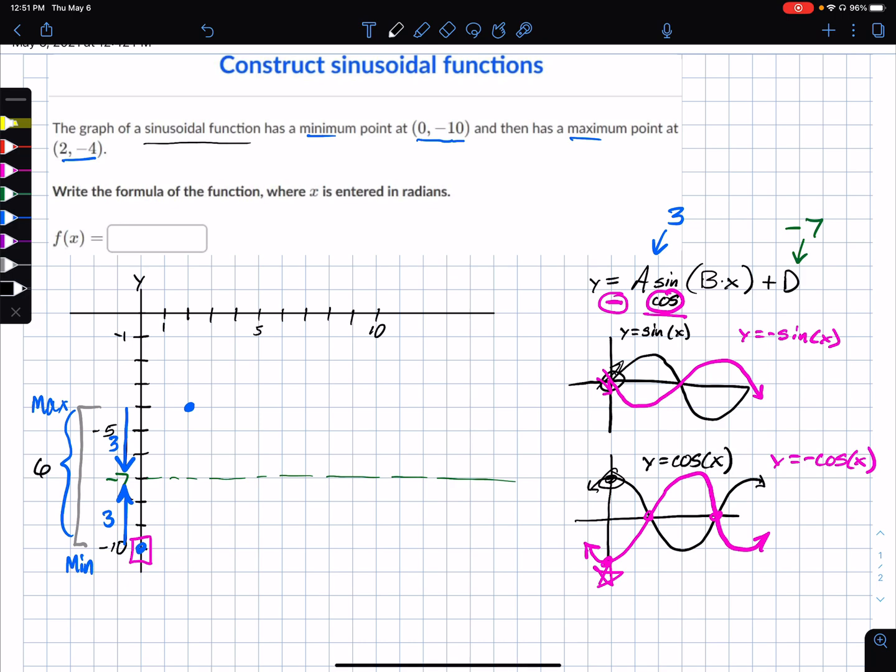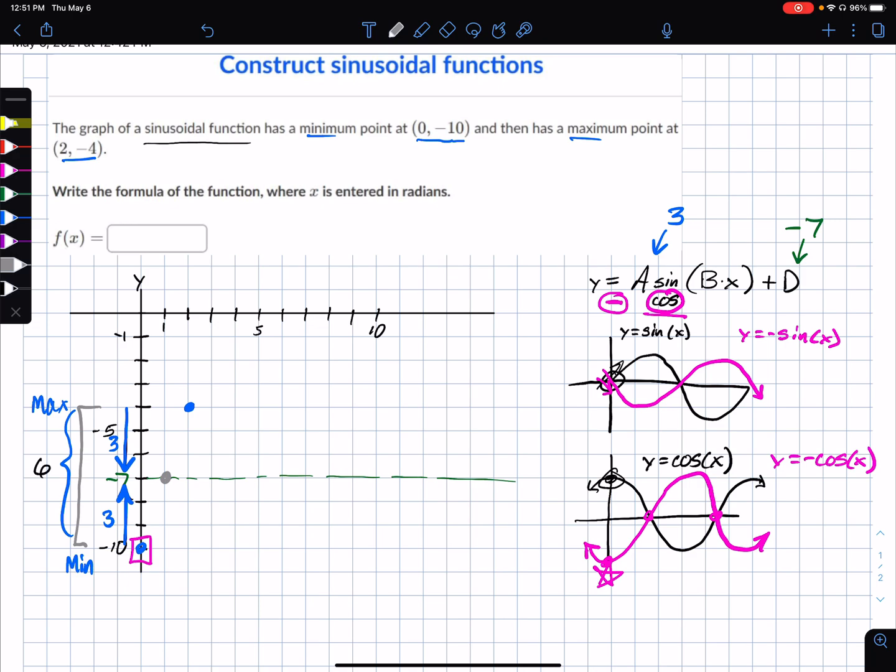Okay, now let's talk more about the pattern. Notice with sine and cosine, when you go from a minimum to a maximum, or a maximum to a minimum, you've passed through half of the period. Okay, so we can't get from a minimum to a maximum without passing through the midline.